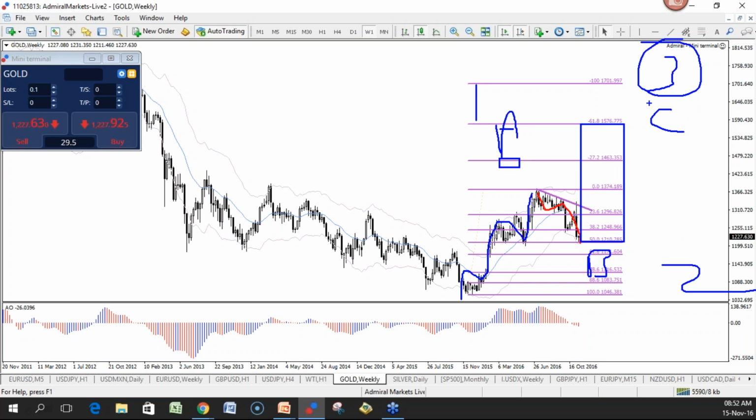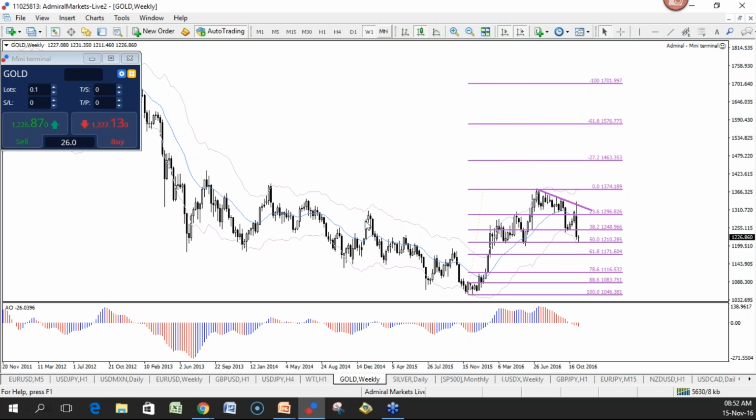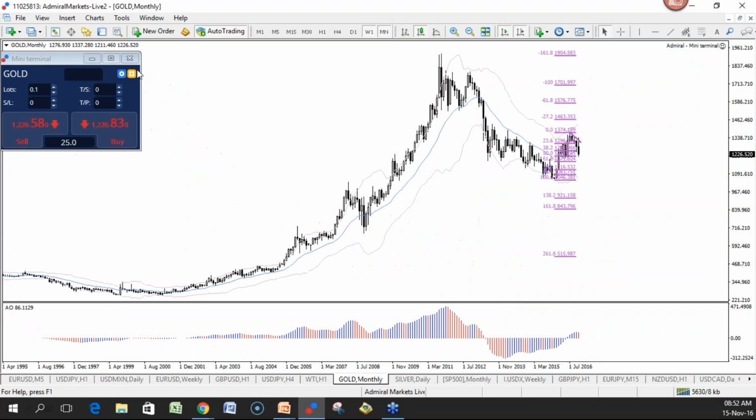If it is a 3, then there could be even further extension onwards, and in that case, we'd probably have to zoom to the monthly chart to get a better view. If this is a 1, 2, then the 3 could extend way further and challenge this top. Now, I don't know about that. I'm just speculating. If it is a 3, right, then it could make those extensions that high indeed.